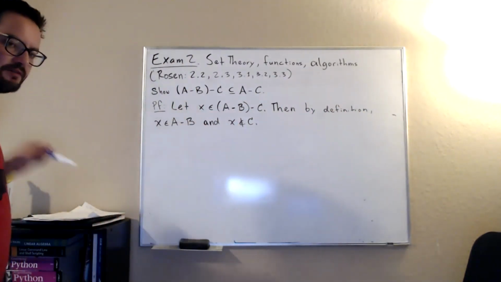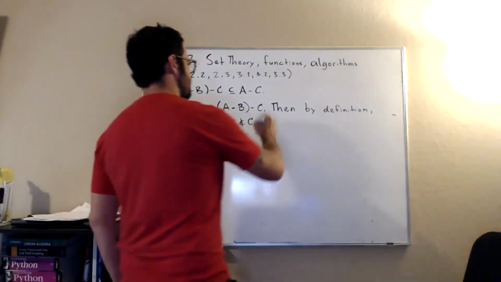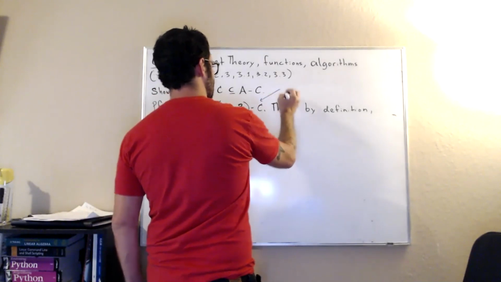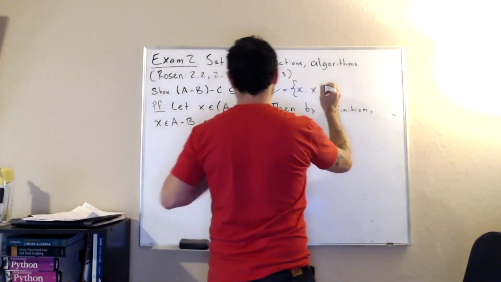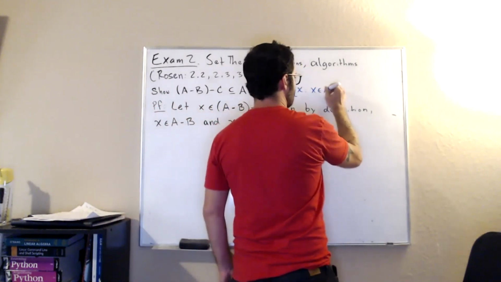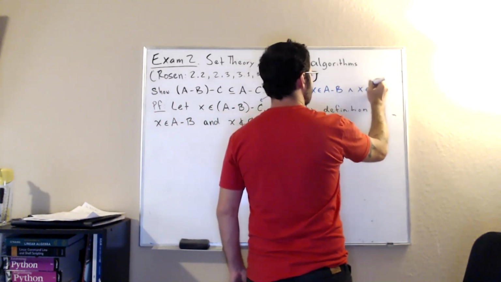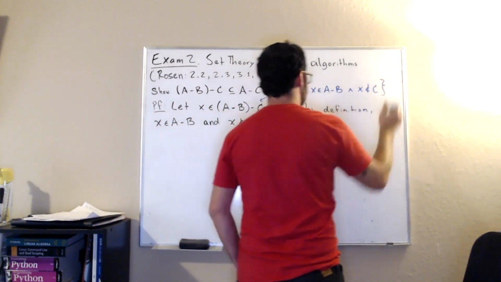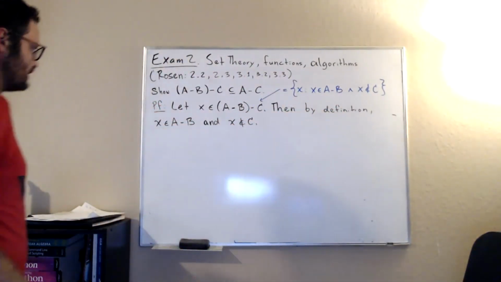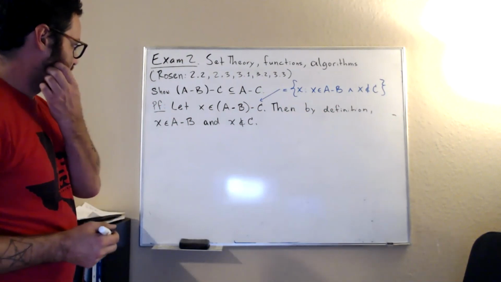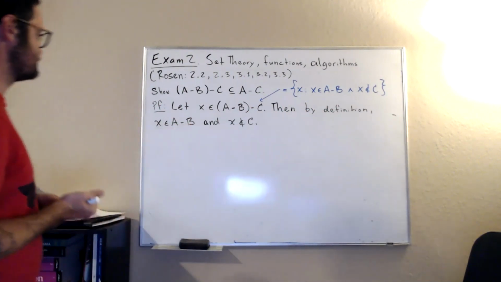And again, you're going to want to have a note card next to you with all the definitions of the basic set operations. So just recall that this set here is the set of all x such that x is in the first set and x is not in the second set. So that's where the second sentence here pops up. Okay. So then x is in A minus B.